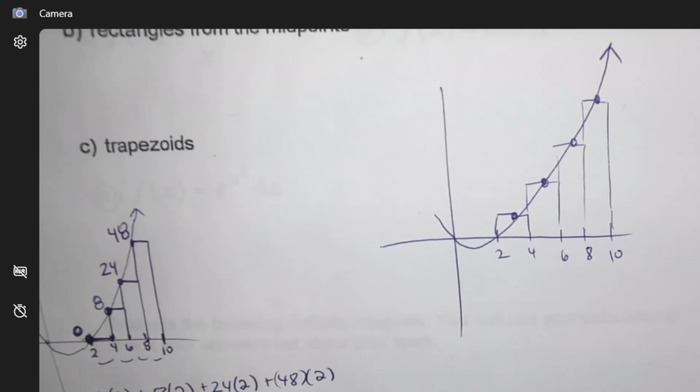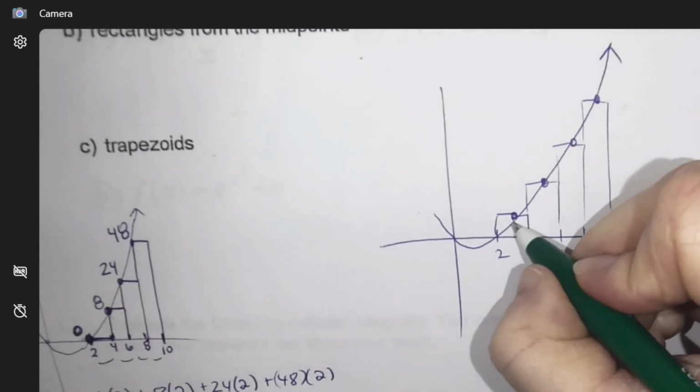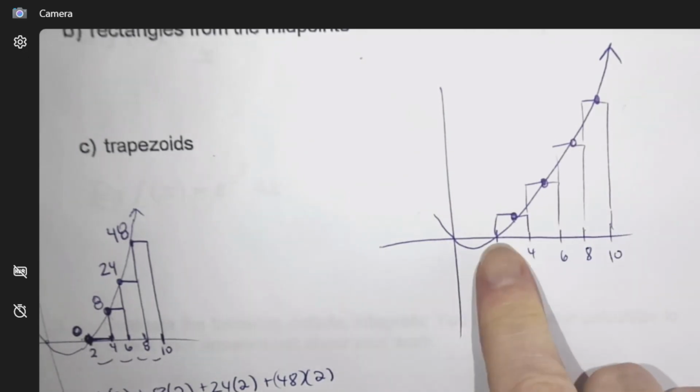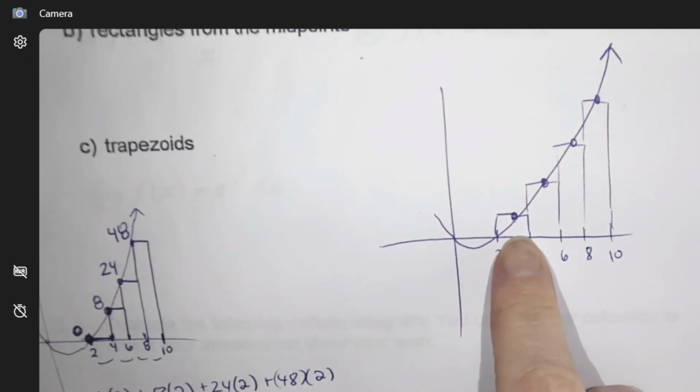Okay, so do you guys know what you're doing on these? You're going to have to plug in a 3. So 3 squared minus 2 times 3.